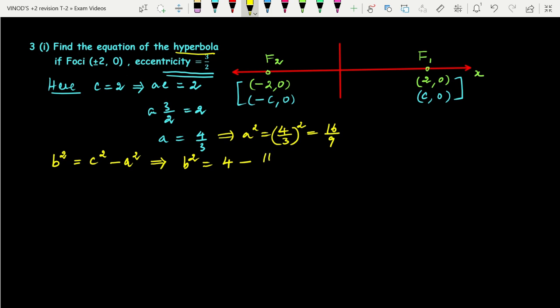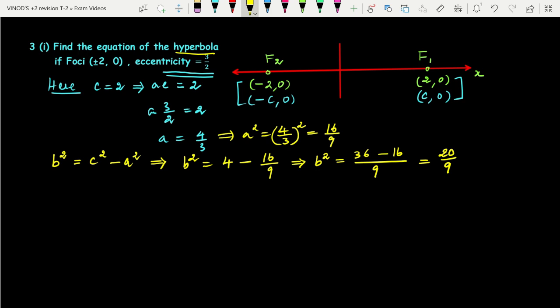Now on taking LCM, B square is equal to 4 into 9, 36, minus 16, divided by 9, that is equal to 20 by 9. So B square is 20 by 9 and A square is 16 by 9.